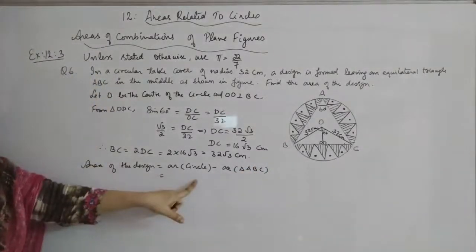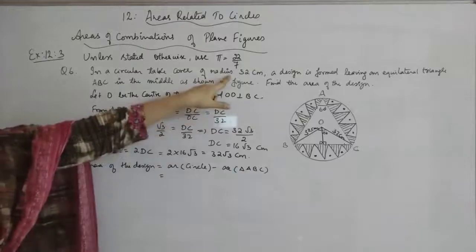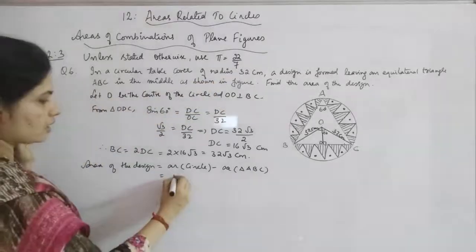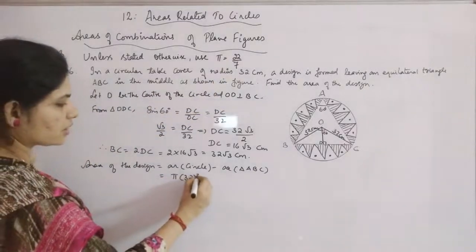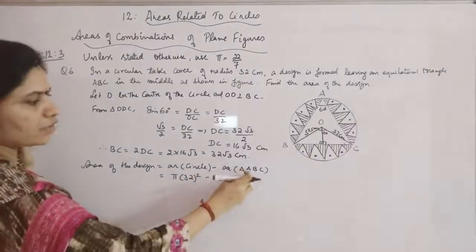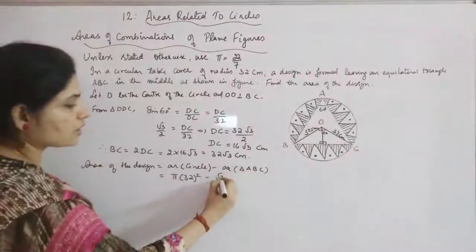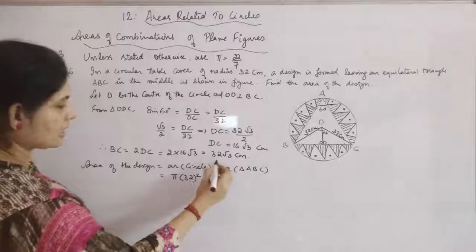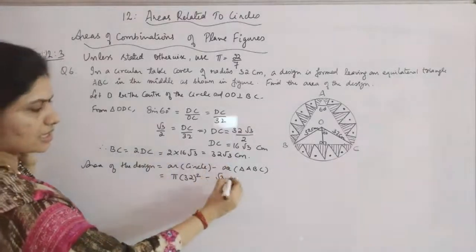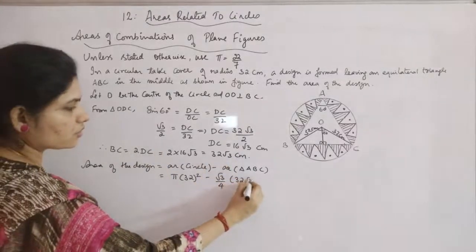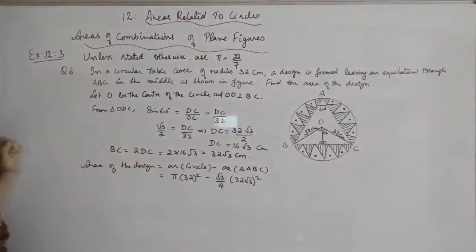What is area of the circle? Circle's radius is given to be 32 centimeters, so you will get pi into 32 square, pi r square, minus area of equilateral triangle, which is root 3 a square by 4, and a is the one side, which is 32 root 3, whole square by 4.